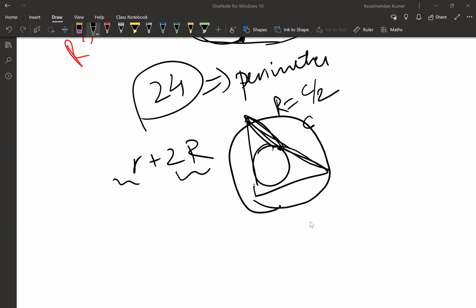Here, guys, if you can guess which Pythagorean triplet actually fits in, this question will become quite easier.